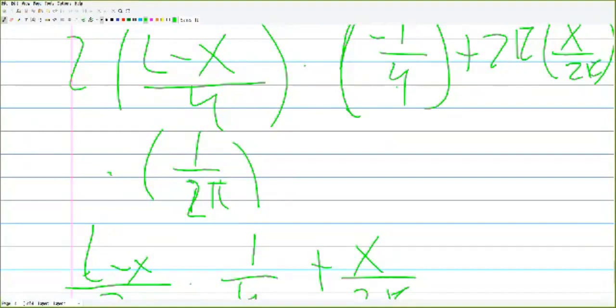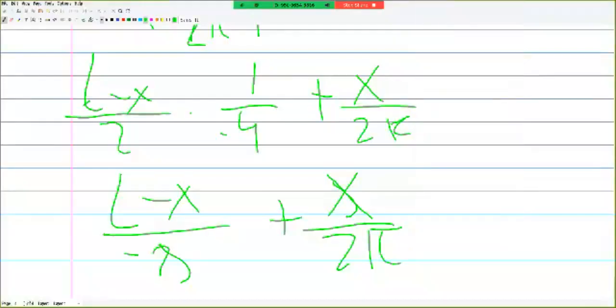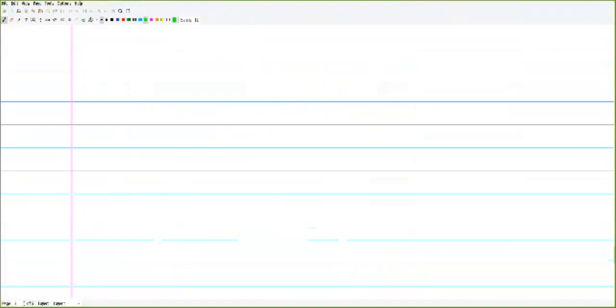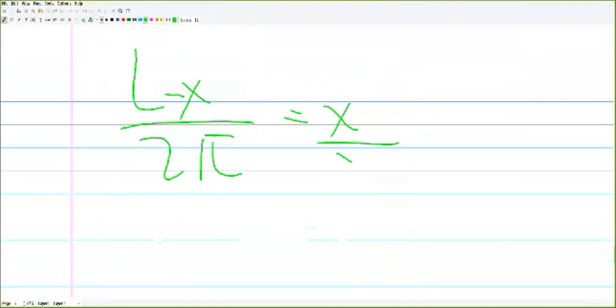So we had once more L minus x over 2 pi plus, that's equal to x over 8.